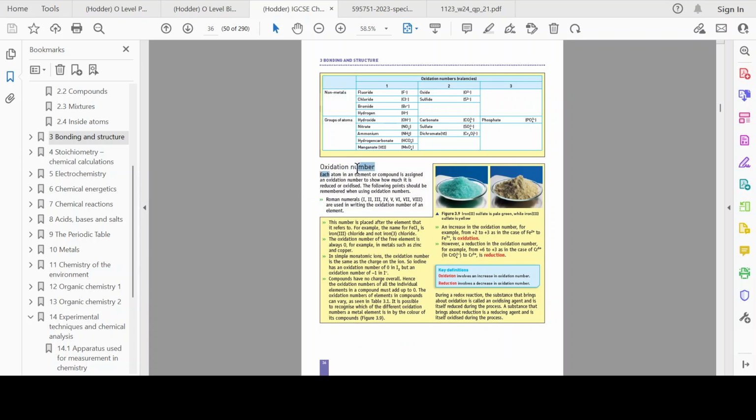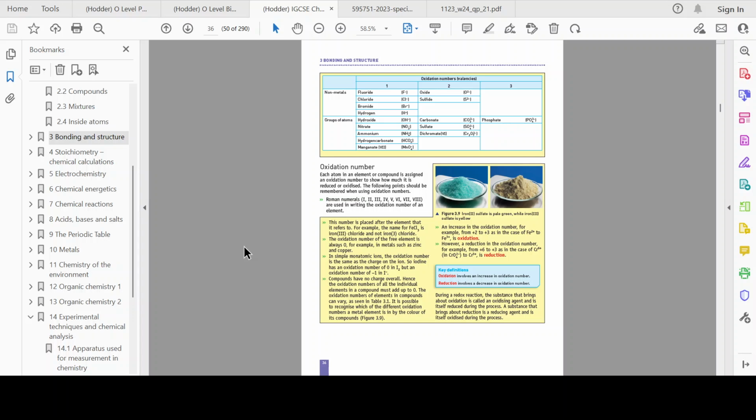Each atom of an element or compound is assigned an oxidation number to show how much it is reduced or oxidized. Oxidation is either gaining oxygen, losing hydrogen, or losing an electron, and reduction is losing oxygen, gaining hydrogen, or gaining an electron.